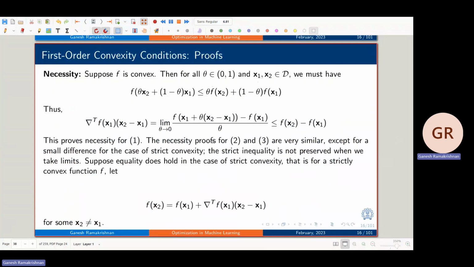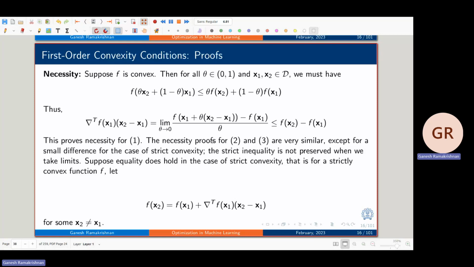Will there be a catch with strict convexity? There's a catch with strict convexity, right? If I had strictly less than here, after taking limits, would it remain strictly less than, or less than or equal to?